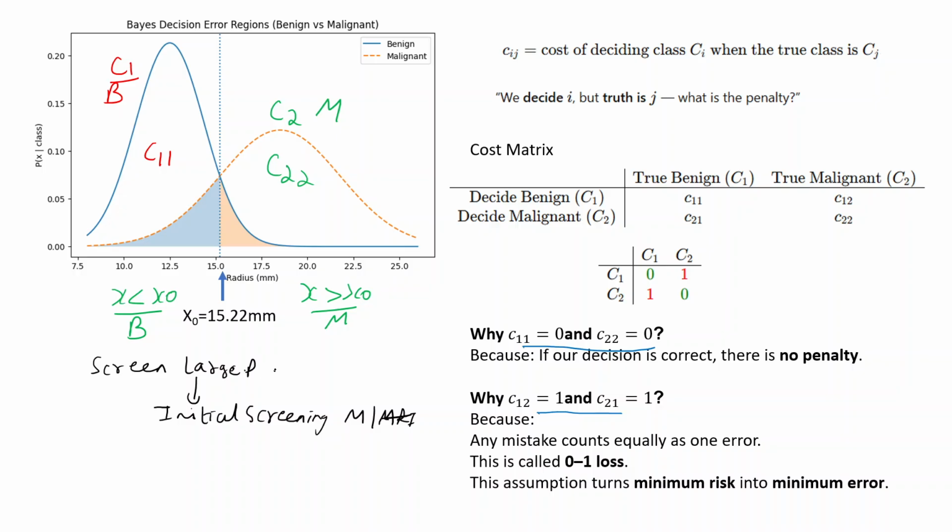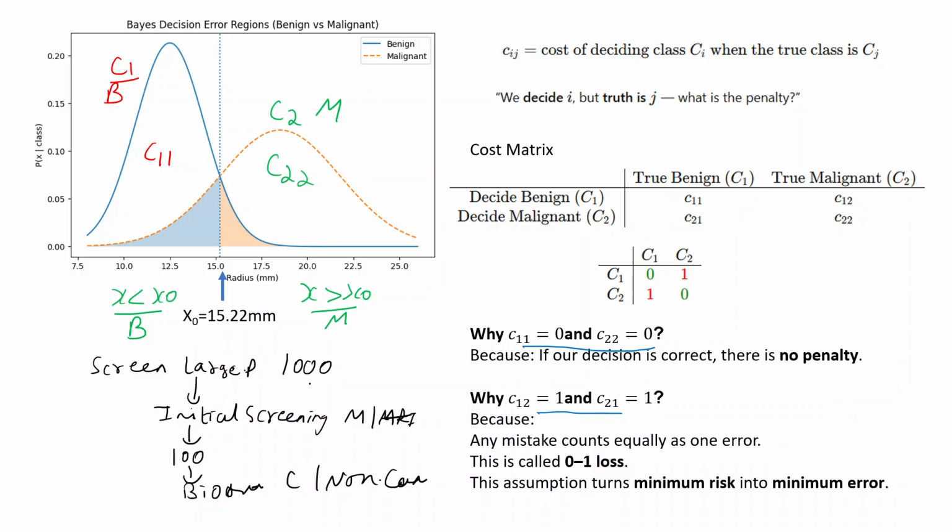Now, when the large population is around 1000, we will do the initial screening and reduce it to 100, the suspicious cases where we have to do further follow-up. In case of cancer, these 100 which are filtered from 1000 will be sent for biopsy. Biopsy means taking the cell and testing whether it is cancerous or non-cancerous.